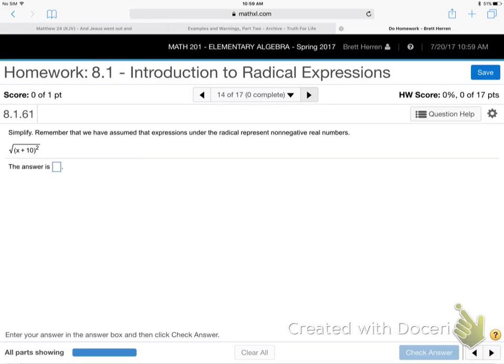Okay, so we've got x plus 10 squared with a root over it. What happens there with that root over x plus 10 squared? What does the root do? Same thing. The root cancels the square. Again, right now the parentheses matter because they're saying that whole group is squared, not just the 10, not just the x, the whole thing.